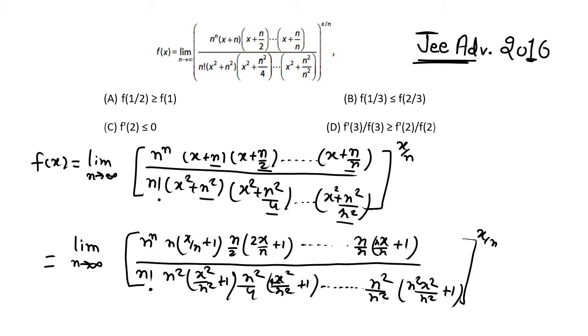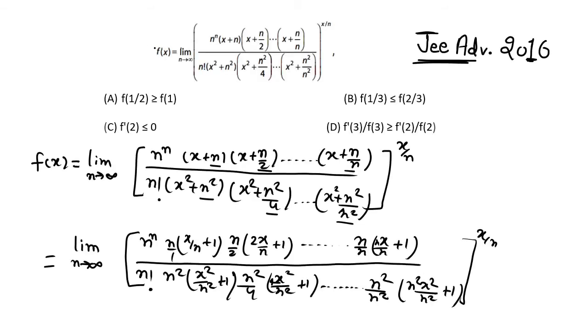So we can clearly see that there is n in the numerator n times, and the terms which we have taken common are 1, 2, 3, and so on. So this will become, as n tends to infinity, n raised to the power n, because n is common n times.